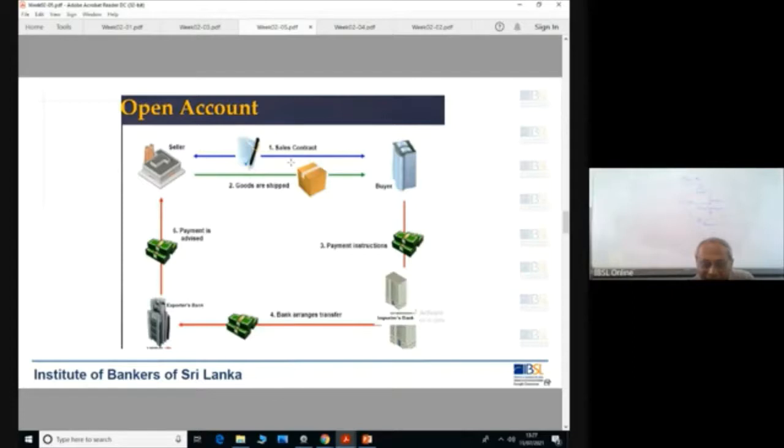By that time, the goods have been cleared from customs, and they have sold the goods and generated the proceeds. Now they will remit the money to the exporter's bank, and the exporter will get the payment, right? Now this is the cycle of open account.